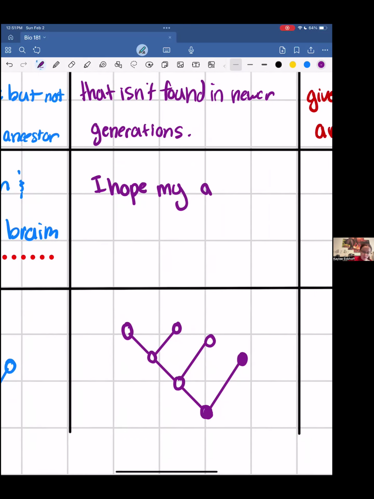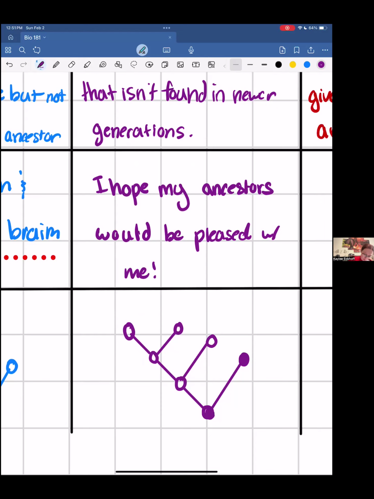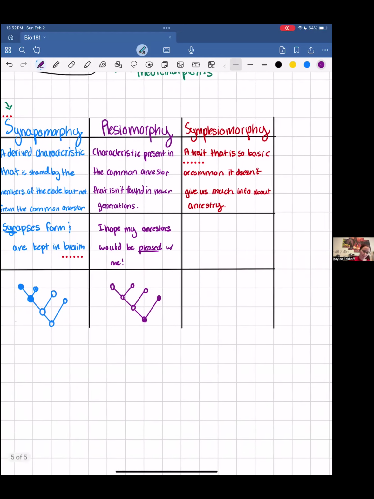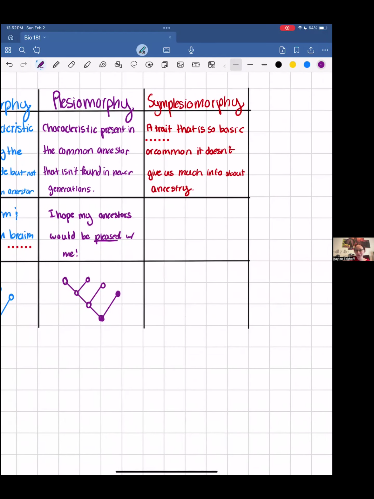I try to write fast, but then you're not gonna be able to understand my chicken scratch, so I'm writing slow, y'all. Bear with me. And then you underline that "please," so you understand, hope they would be pleased with me. That's the easiest way to remember it.